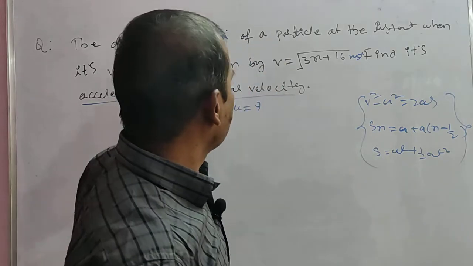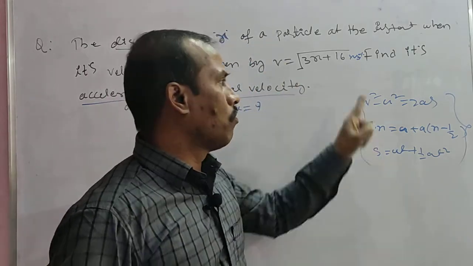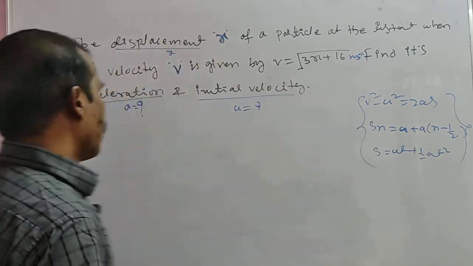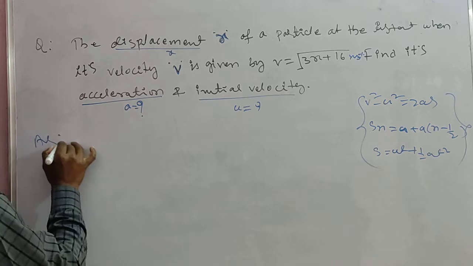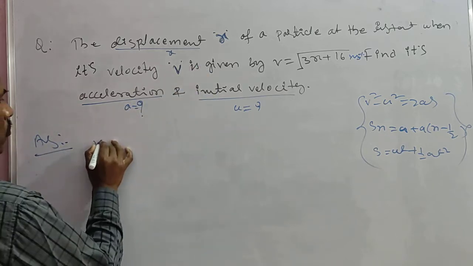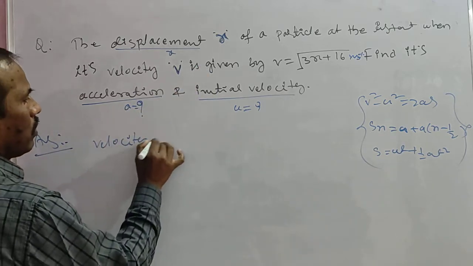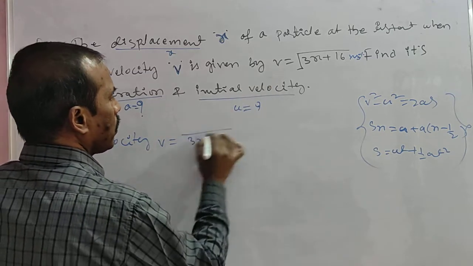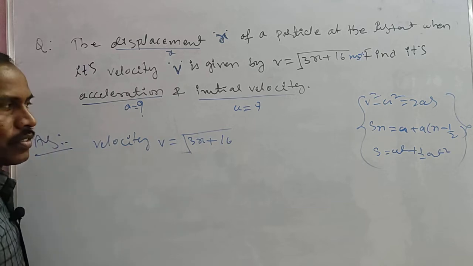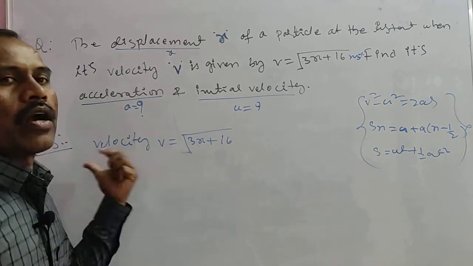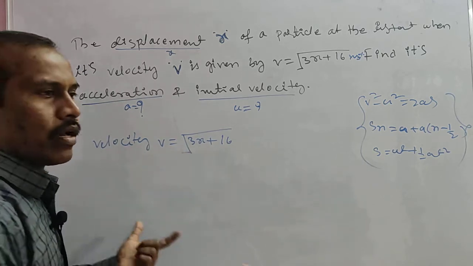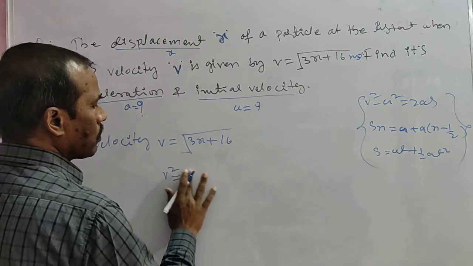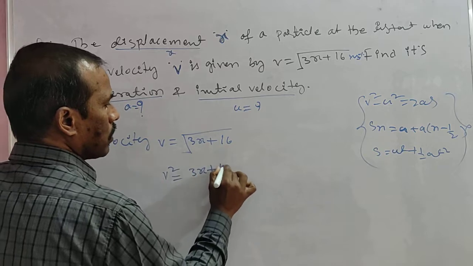Now in this problem, comparing with the equations, first the velocity v is equal to under root of 3x plus 16 meter per second. Squaring on both sides, v square is equal to 3x plus 16.